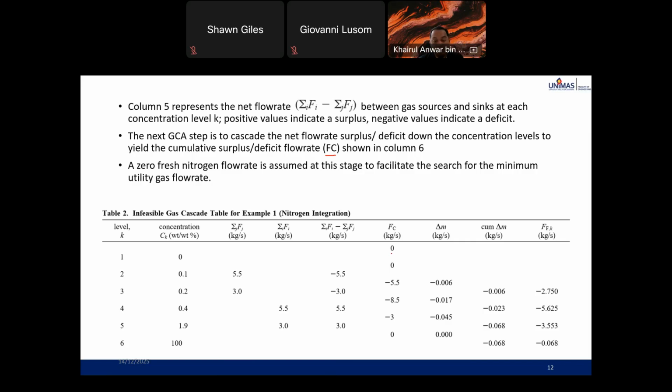So for the first gas cascade level, we start with 0.